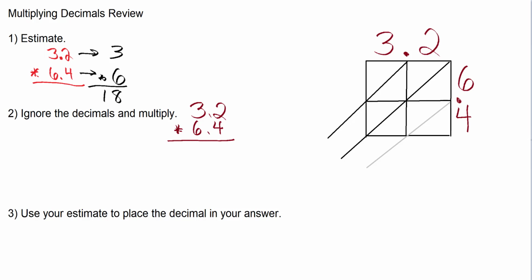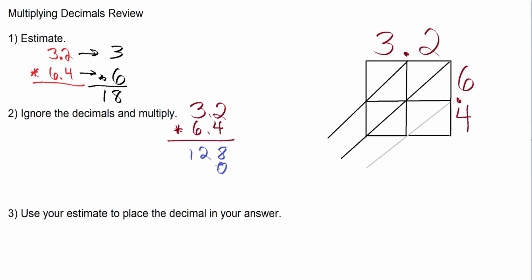Now you have to do your multiplication, and if you do lattice or the traditional algorithm, it doesn't matter. So if I'm doing the traditional algorithm, I take my 4/10 and I have to multiply that by each of the other numbers. So 4 times 2 is 8. And remember, we ignore the decimals, so we just do 4 times 3 is 12.